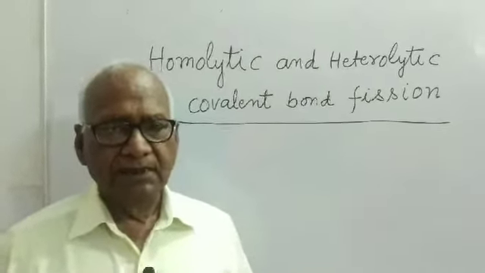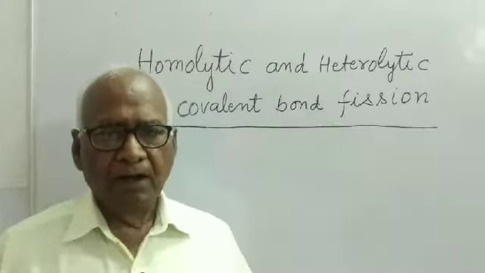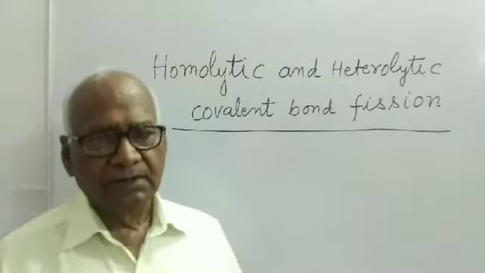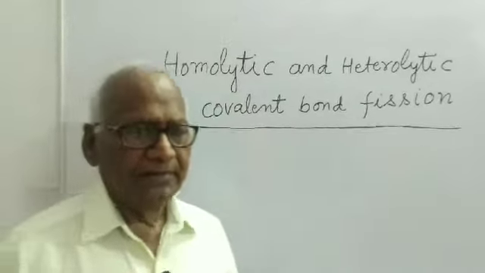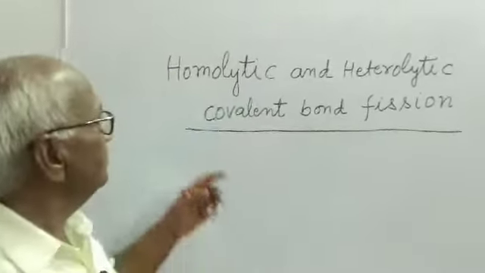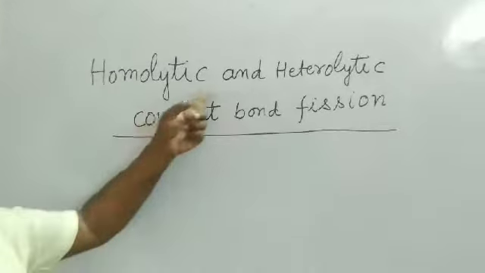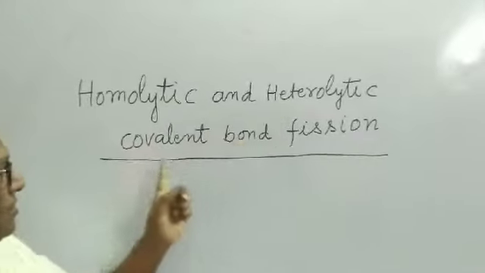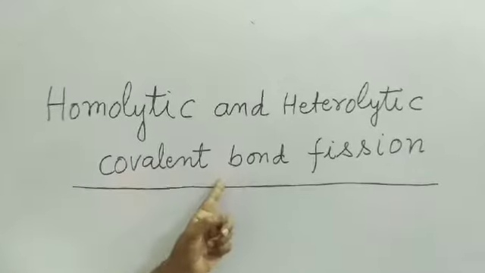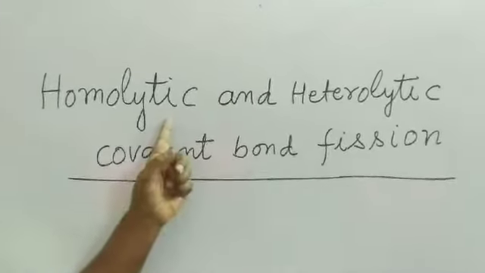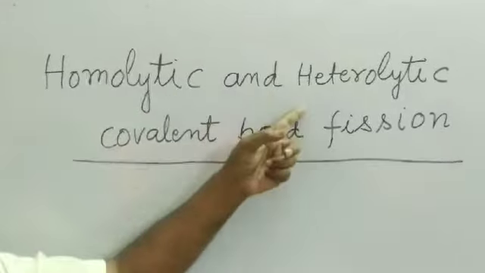But today, I am going to break that covalent bond. So, the topic of my study today is homolytic and heterolytic covalent bond fission, the fission of a covalent bond homolytically as well as heterolytically.